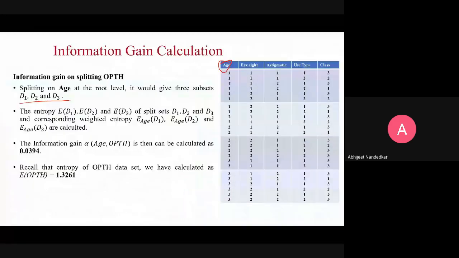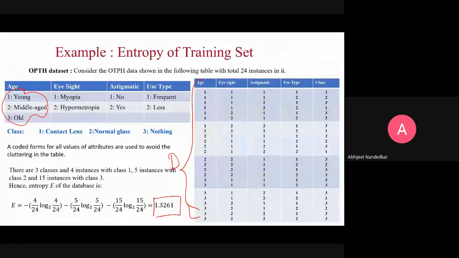So when I say age equal to young, age equal to 1, these are the samples with value age equal to 1. So they will be declared as subset D1. So this will be the first partition of my table. Then you say middle age, that is age equal to 2.